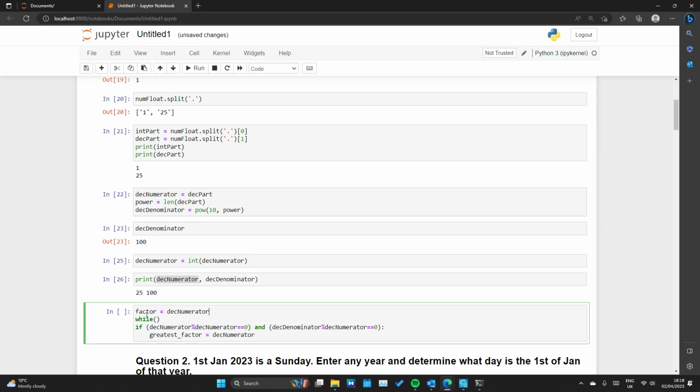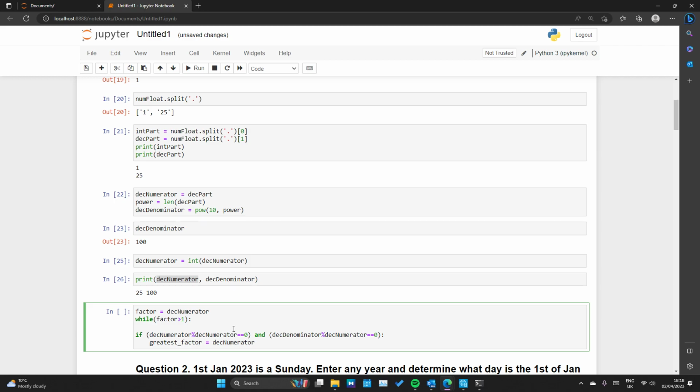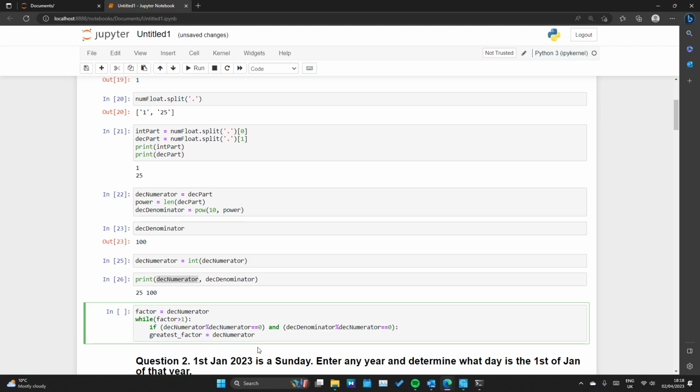And this factor we will check if it is greater than 1 or not, because we know that 1 is always a factor of all the numbers, so it has to be greater than 1, right? And then we have an if statement, and we will divide these two numbers by the factor, right?